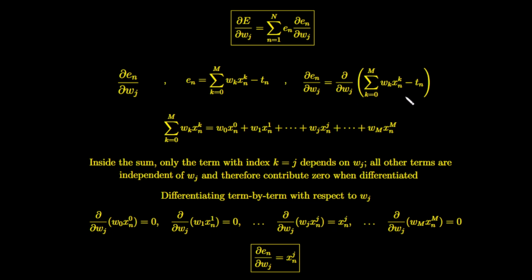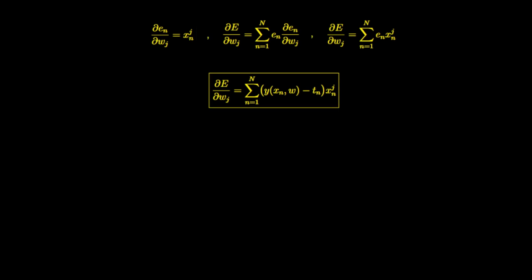So when we perform this differentiation here, it turns out that the solution is quite simple. It's just going to be our xnj. So from the previous page, we have partial en by partial wj is equal to xn to the power of j.